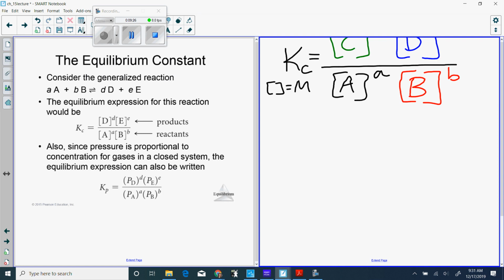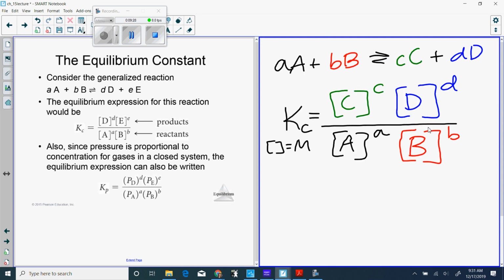Same game, but you can play it with pressures too, with ATM. It's called Kp. P for pressure. Pressure is ATM, like the data you're given is in ATMs. But you're going to play the same game.